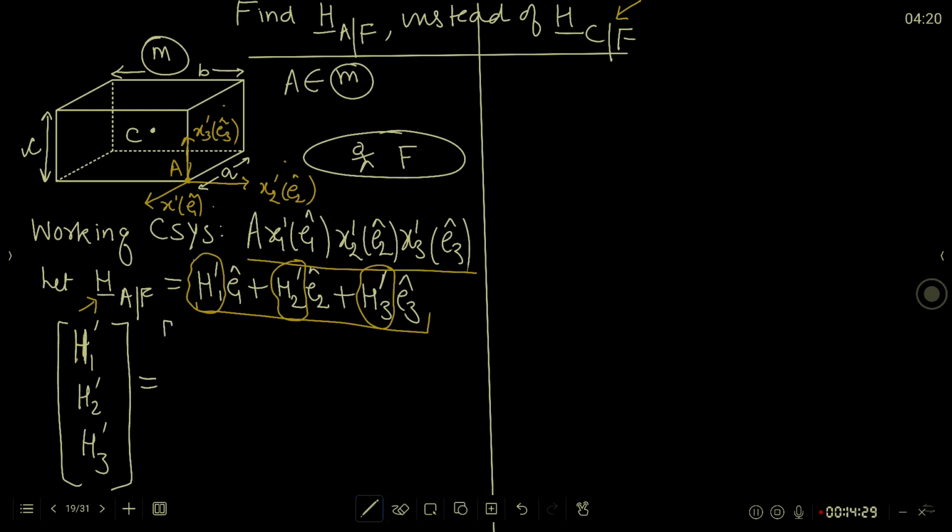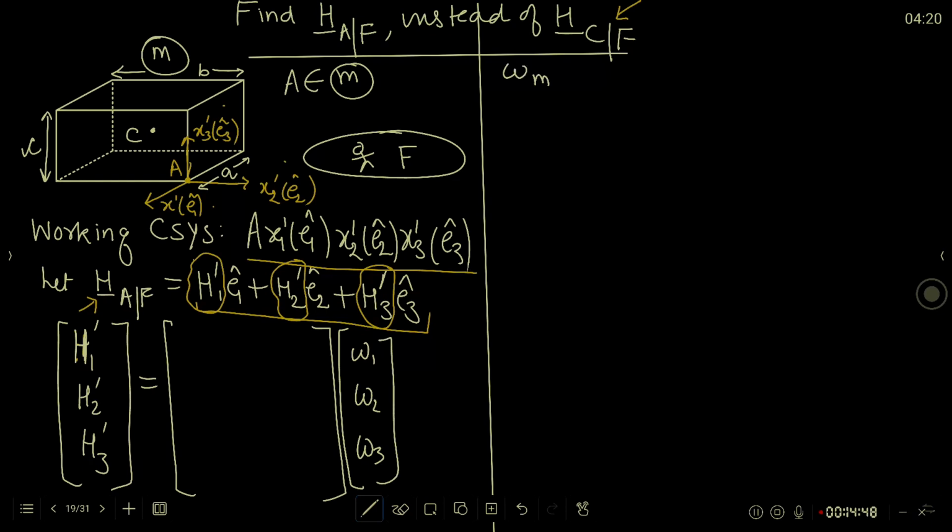This will be equal to some inertia matrix, and then you will have omega 1, omega 2, and omega 3, where again I am saying that omega 1, omega 2, and omega 3 are the scalar components of omega MF.